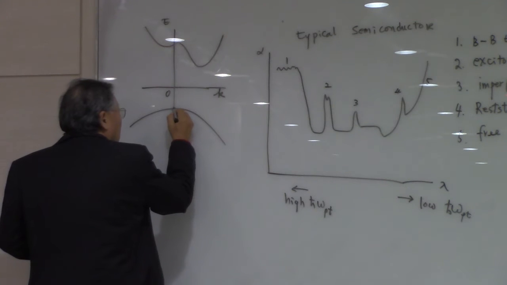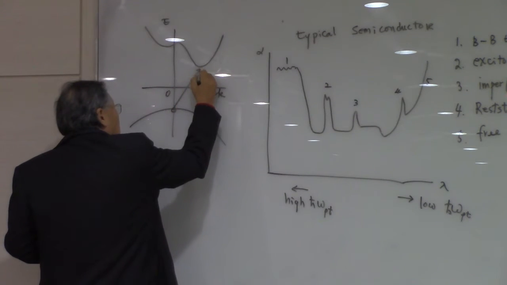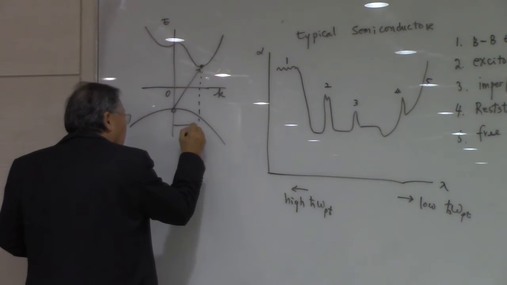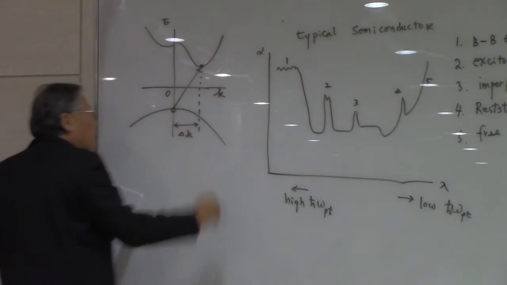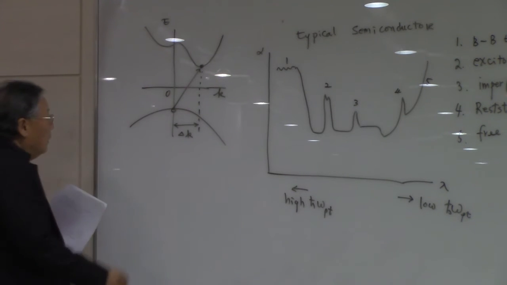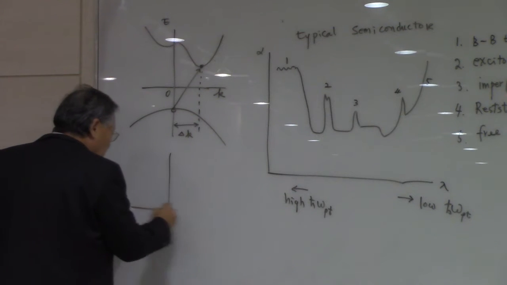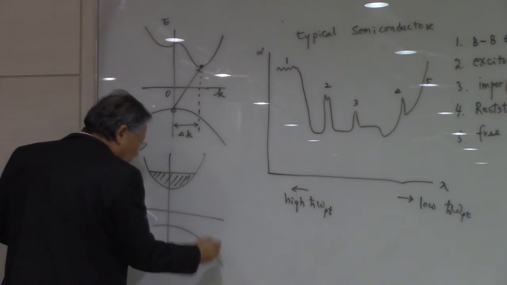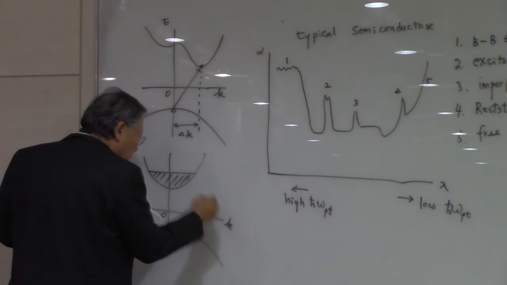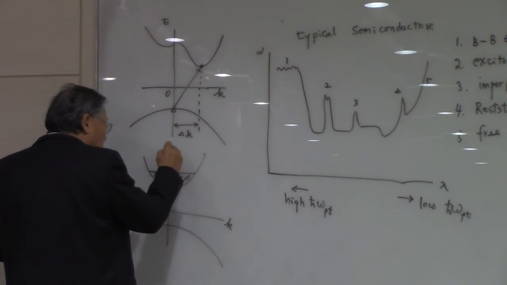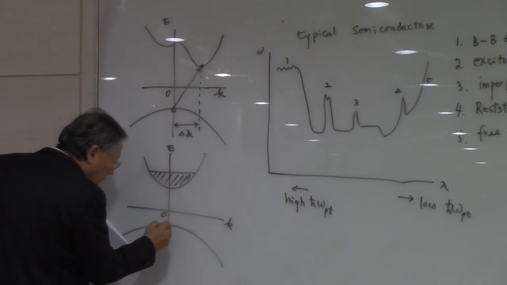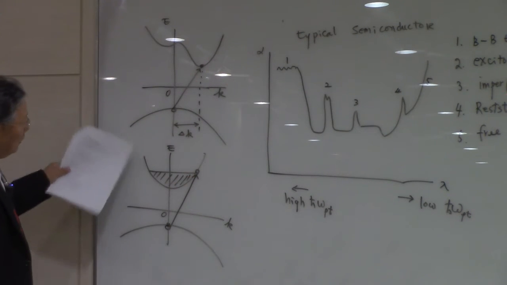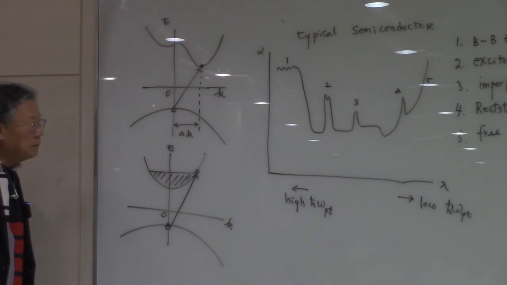In this case, the electron is going to be excited to the minimum of the conduction band, and in this case, we're going to have a delta k here, okay? Or if we have a partially filled conduction band, then the electron might be excited to the empty state here this way. So in this case, we are going to have an indirect transition too, right?